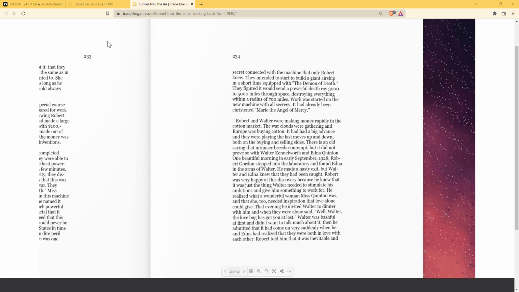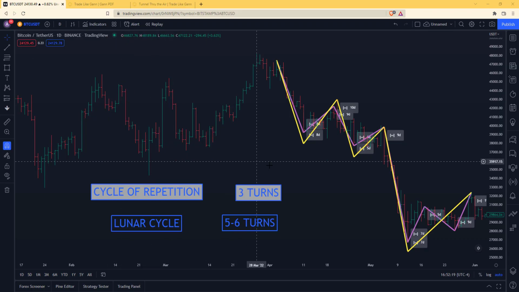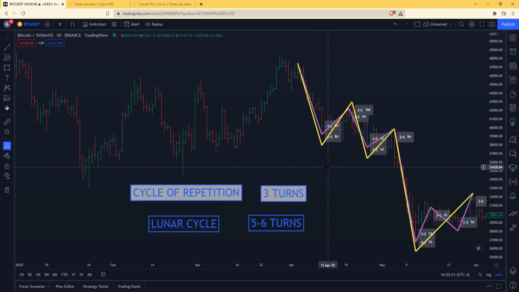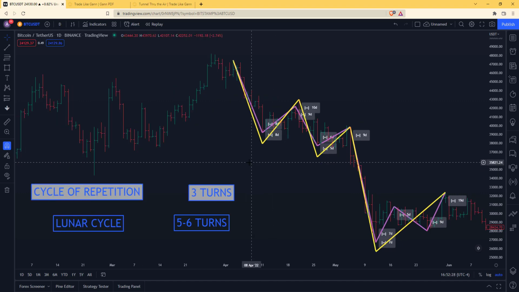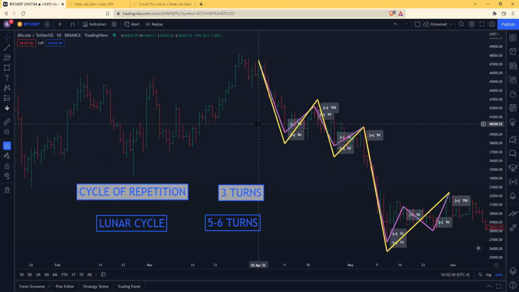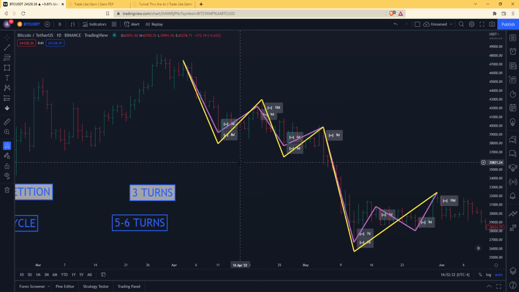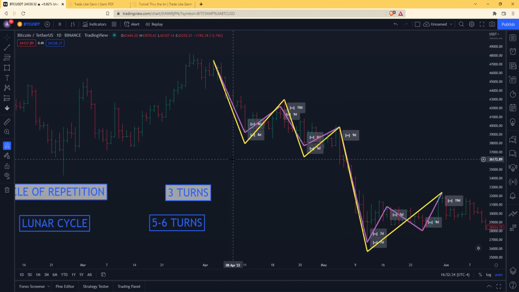But let's go to charts. You might have a question about what these COR cycles are, because these are from the planetary levels. So these have to have some planets related to these cycles, right?